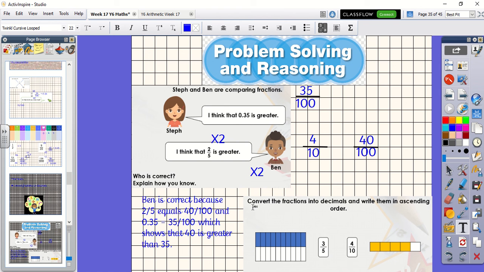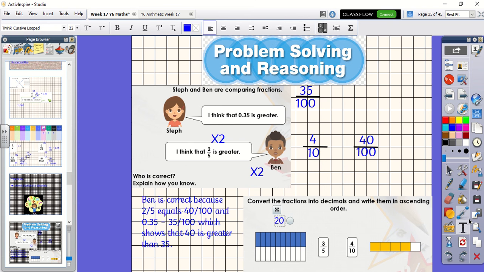Next question then, convert the fractions into decimals and write them in ascending order. So that means going from smallest to largest. So let's have a look here. We have got 2, 4, 6, 8, 10, 12, 14, 16, 18, 20.